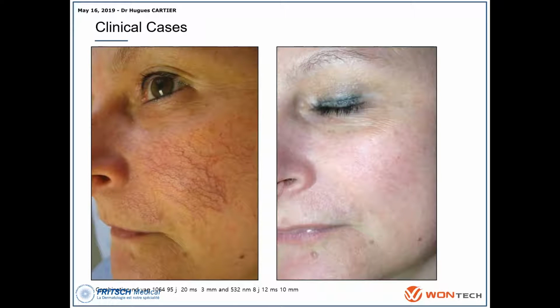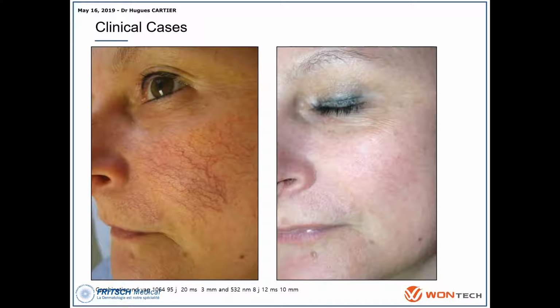You can also start to destroy the biggest with the Nd:YAG with a low setting, only 20 milliseconds, less than some 100 millijoules is necessary. And after you finish in the same session with a KTP, with this setting for example 8 joules, 12, between 10 to 12 milliseconds.